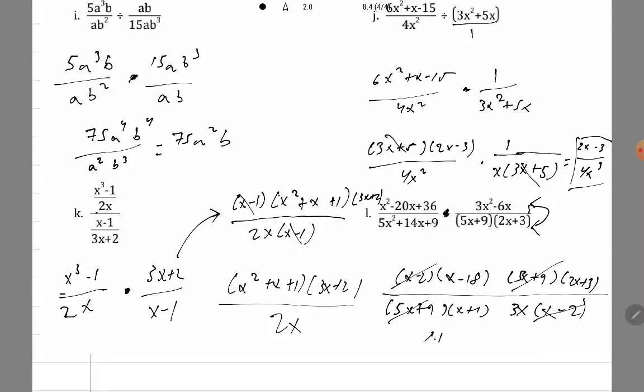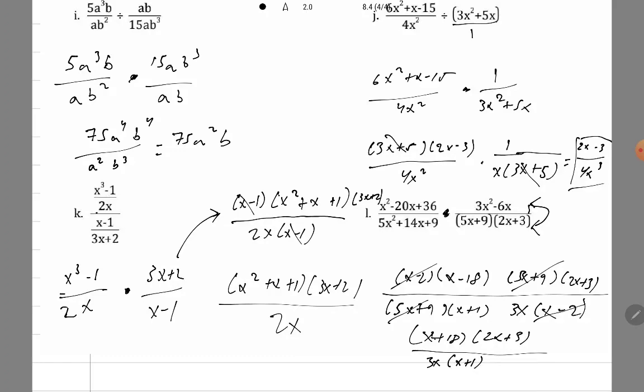So I got x plus 18, 5x plus 9, or 2x plus 3. On the bottom, 3x times the quantity x plus 1.